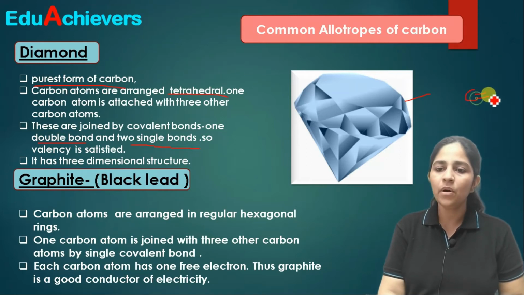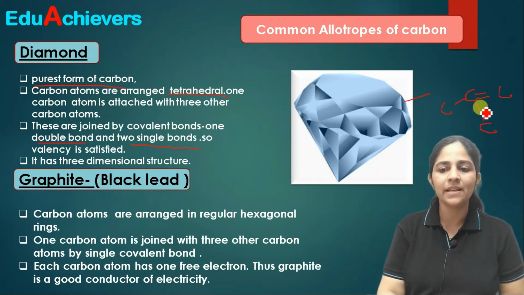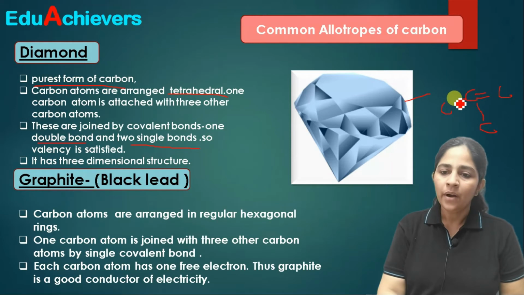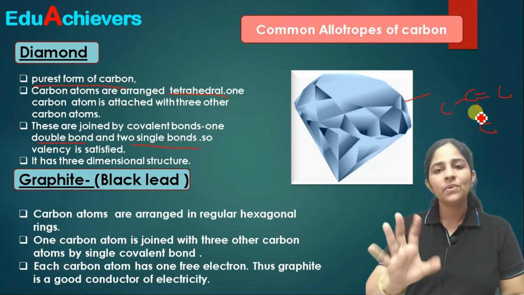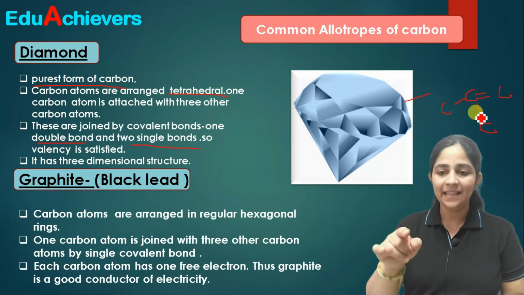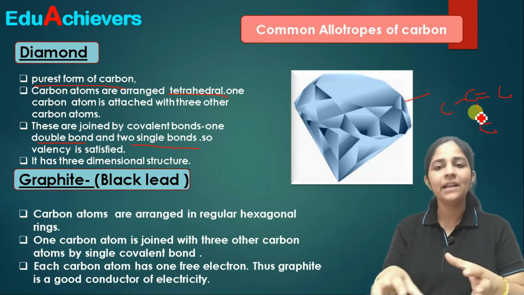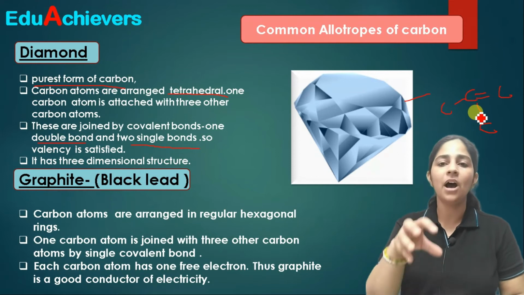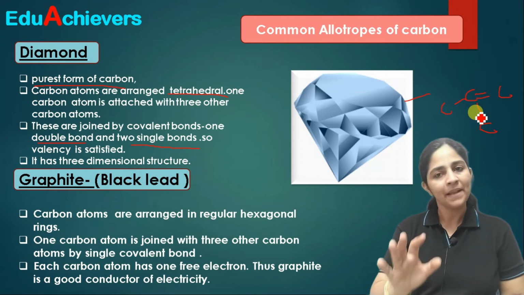It forms a double bond with one carbon atom, which means 2 electrons are shared from here, and it forms one single bond with this, and one single bond with this. So 2, 3 and 4: 4 electrons are being shared. That means its valency is complete. And that's how its valency gets satisfied in diamond.